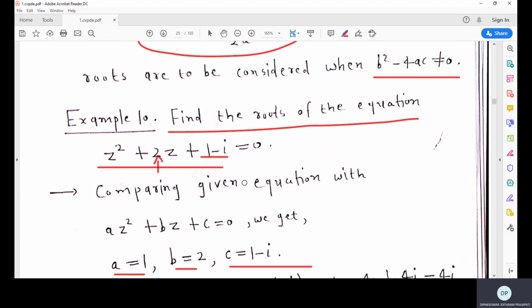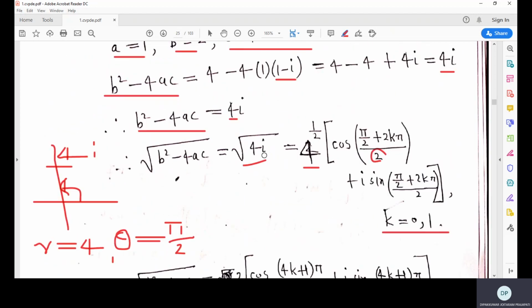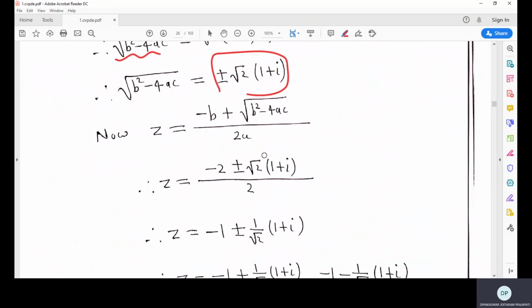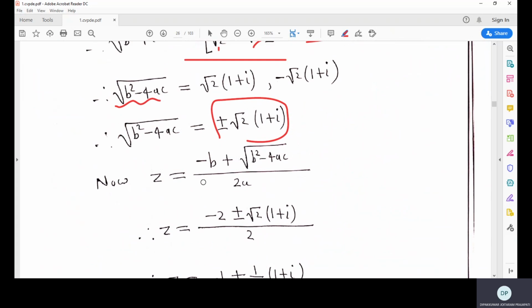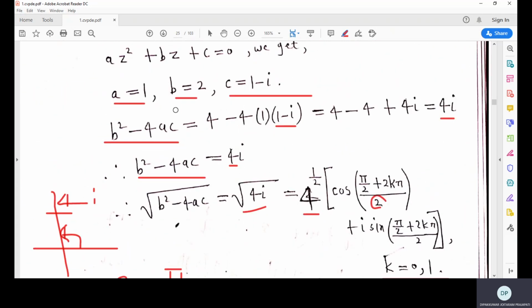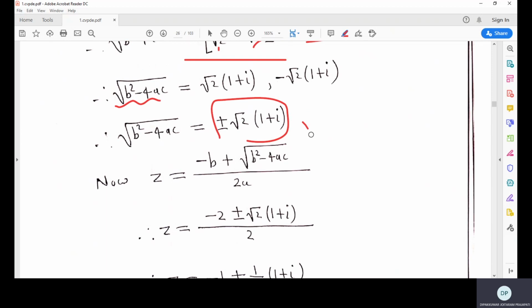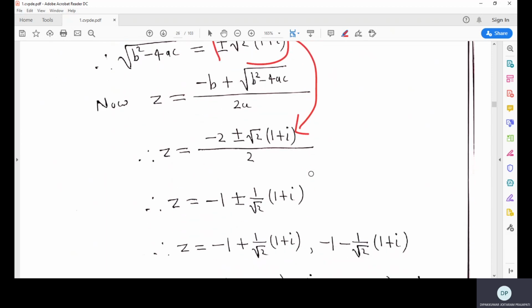Now we use this formula, minus b plus or minus under root b square minus 4ac upon 2a. Here b is 2, a is 1, so we obtain z equal to minus 2 plus or minus under root b square minus 4ac, and we put this value here, plus or minus root 2 into (1 plus i). After simplifying we obtain minus 1 plus or minus 1 upon root 2 into (1 plus i).